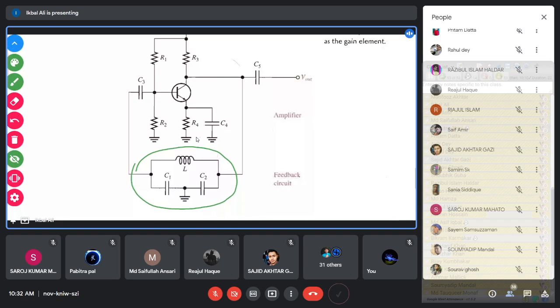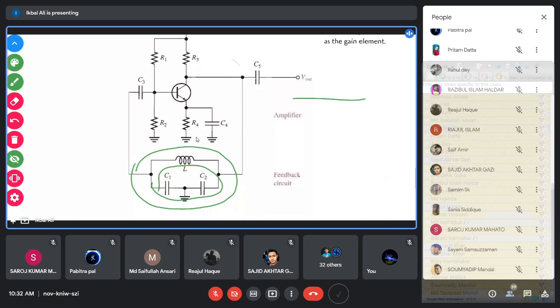It has a resonant frequency FR, and that resonant frequency equals 1 by 2 pi root LC, where C is the series combination of C1 and C2. From that, you can calculate the frequency of oscillation, that is, the frequency produced at the output of this signal. That is the resonant frequency of the tank circuit, and that frequency is generated here.